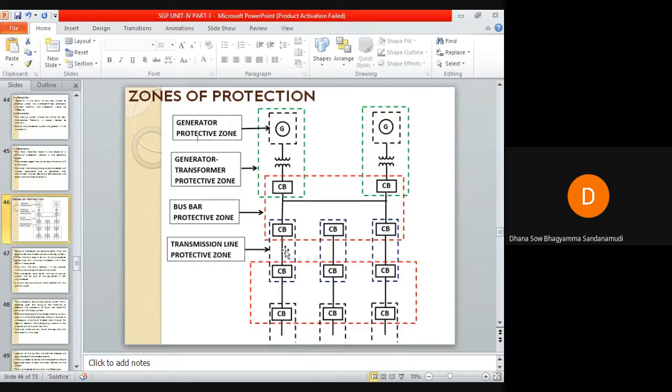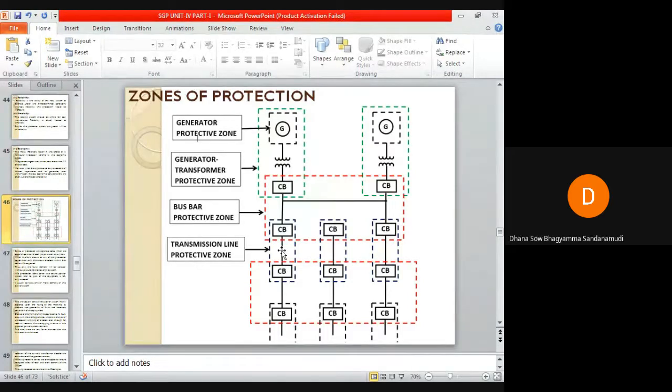When compared to indoor equipment, outdoor equipment will face more faults. So the probability of fault occurrence will be more in the transmission line. All these factors will affect the protection zones of the power system.